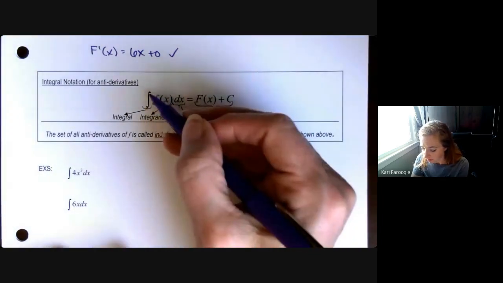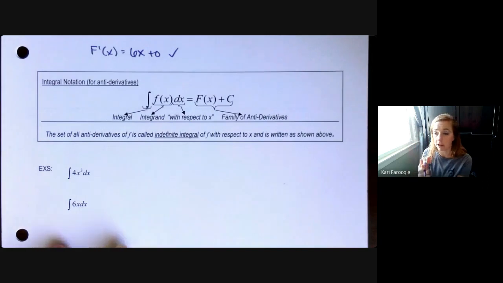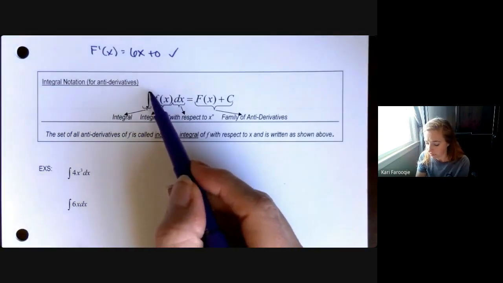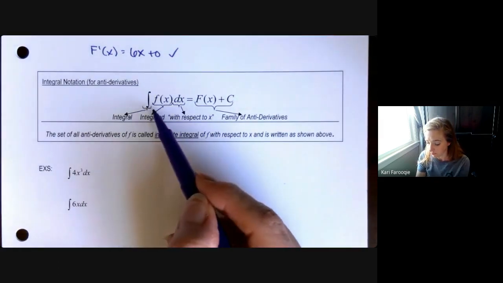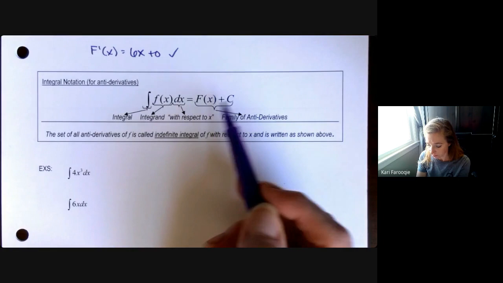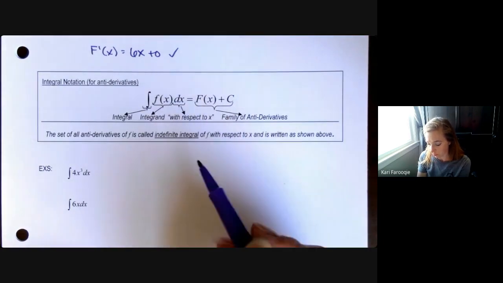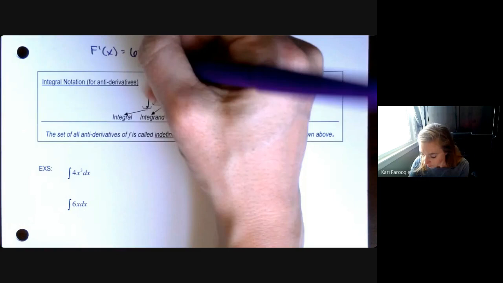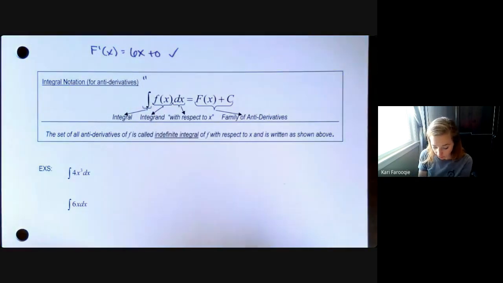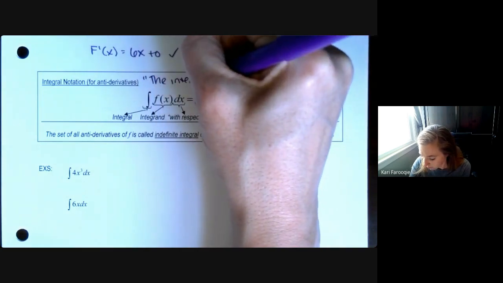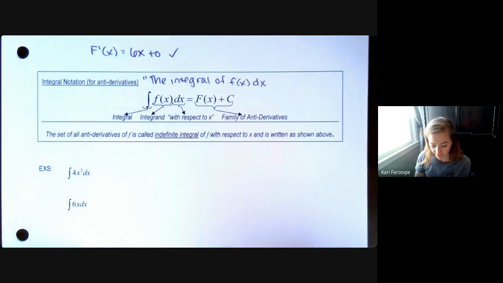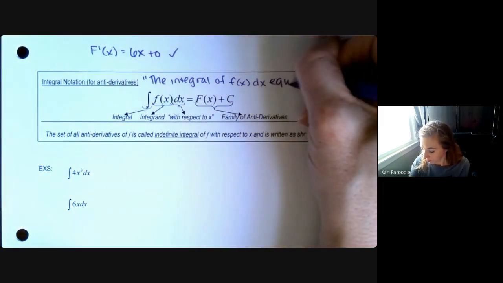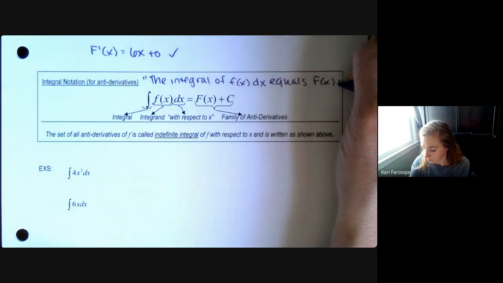It came from just an S, a capital S, but it's basically just an elongated capital S. And this is the integral of f of x dx equals the antiderivative of x plus c. So if you wanted to write this in English, it would be the integral of f of x dx equals F of x plus c.